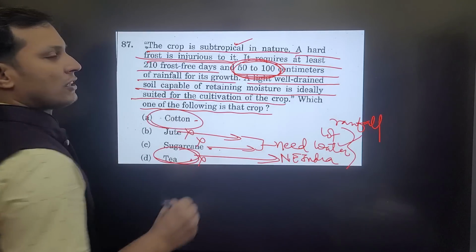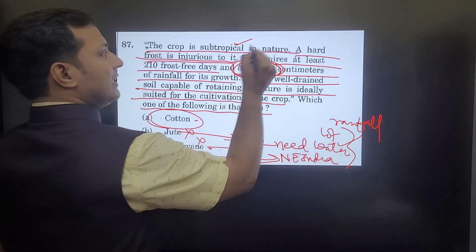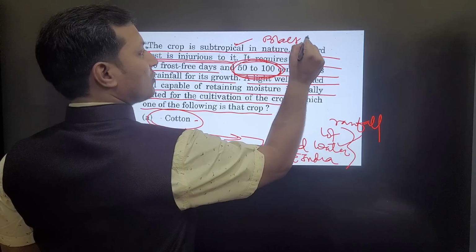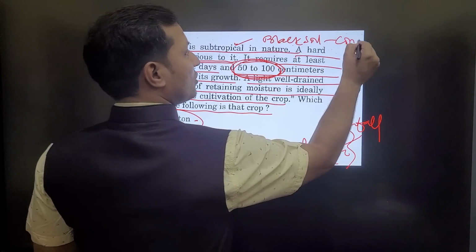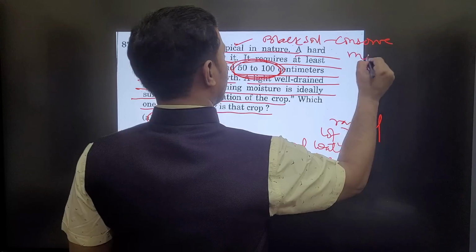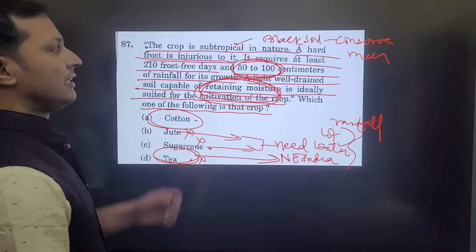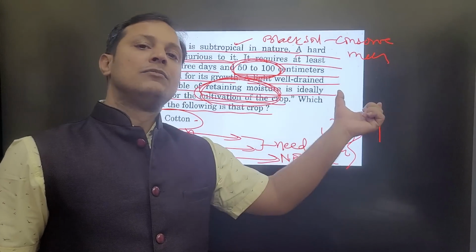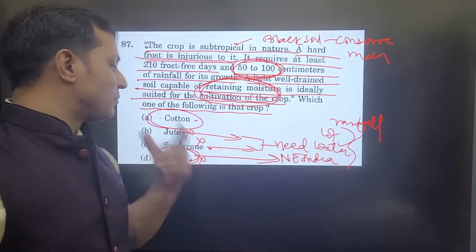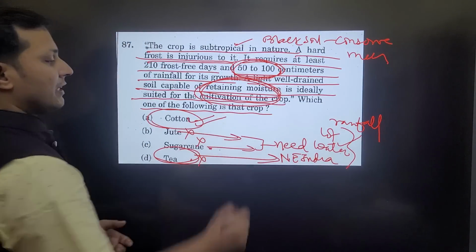Only we are left with cotton, and you must have seen that black soil retains moisture, and in black soil, cotton is produced. So we can easily apply this logic and get the answer.